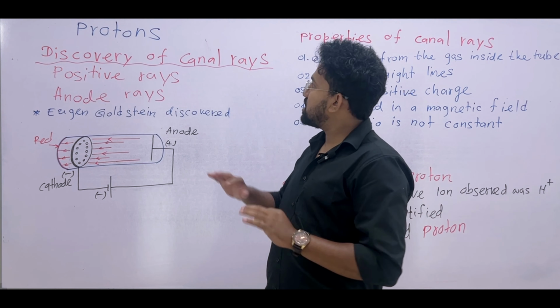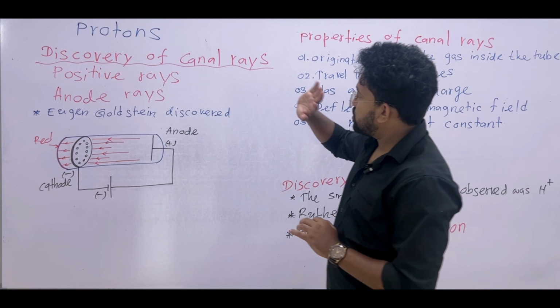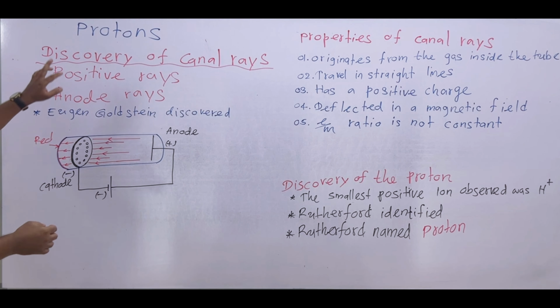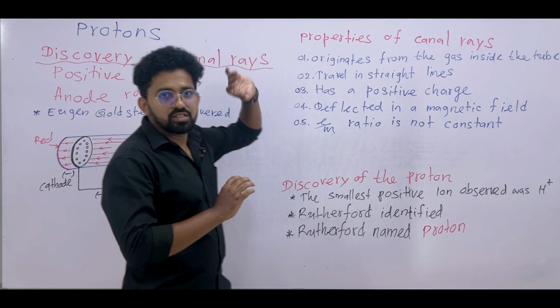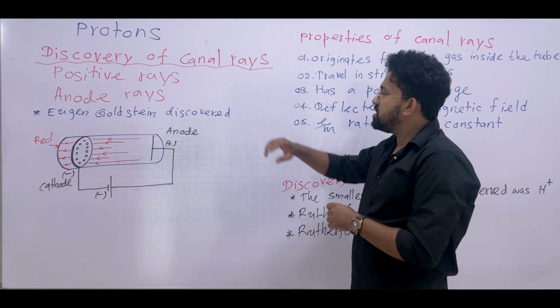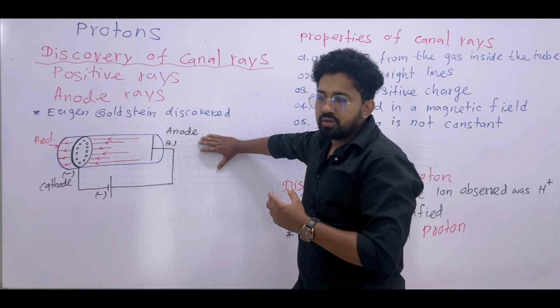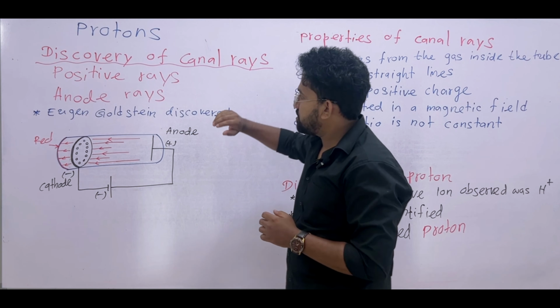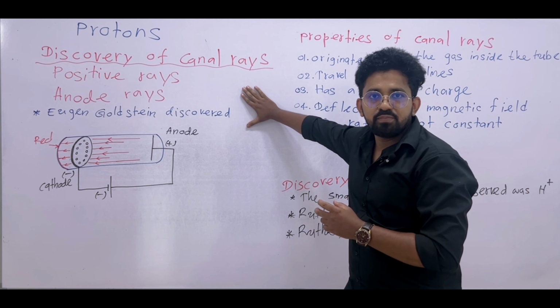The next subatomic particle is the proton. To get an idea about protons, we have to go to the discovery of the canal rays. Now we are working with the Crookes tube, and one of the scientists who worked with it was Eugene Goldstein.